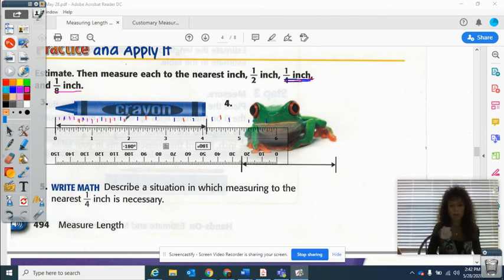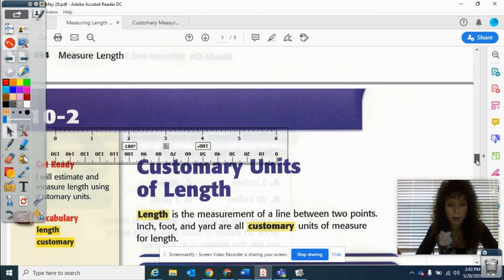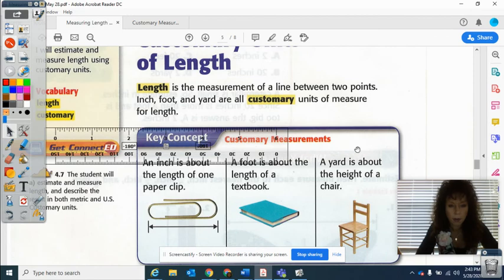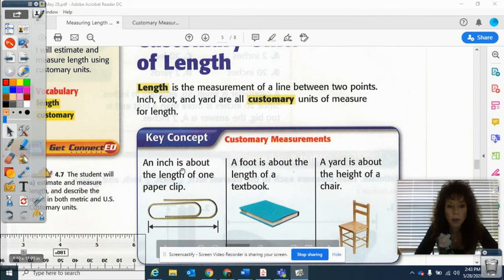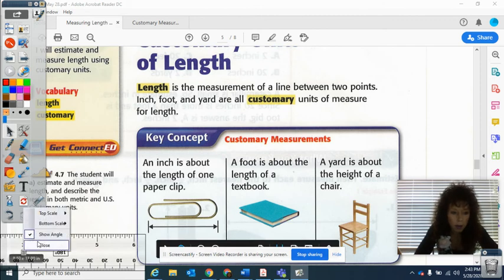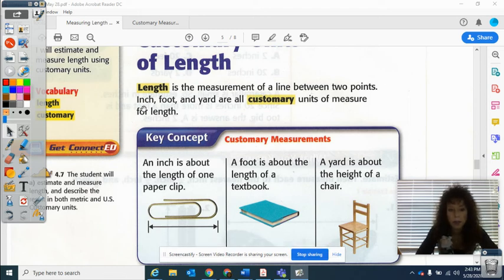Okay. All right, so I'm going to erase that. And now you're going to do it kind of for real on your paper. So move that ruler out of the way. All right, so length is the measurement of a line between 2 points. Inch, foot, and yard are all customary units of measure for length.